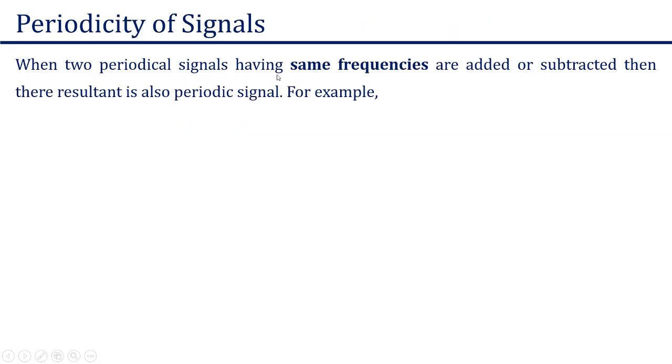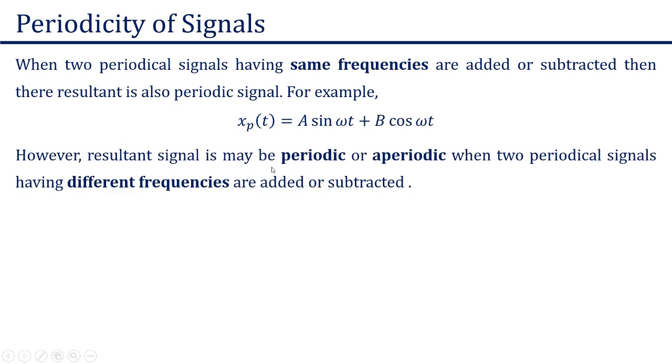When two periodic signals having the same frequencies are added or subtracted, their resultant is going to be a periodic signal. For example, x_p(t), which is equal to a sin(omega t) + b cos(omega t), is a periodic signal. However, a resultant signal may be periodic or aperiodic when two periodic signals having different frequencies are added or subtracted.